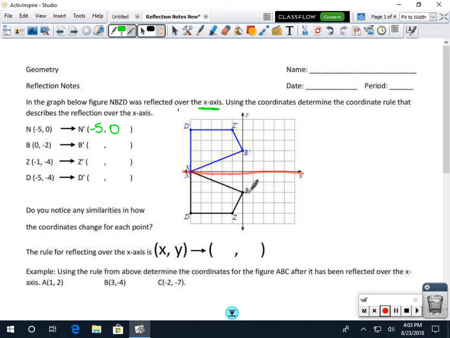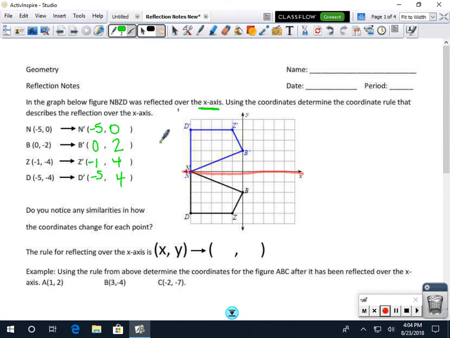When we reflect it over the x-axis, it ends up at 0, positive 2. Z is at the point negative 1, negative 4, so when we reflect it, it goes to negative 1, positive 4. And D is at the point negative 5, negative 4. When we reflect it, it will now be at negative 5, positive 4.